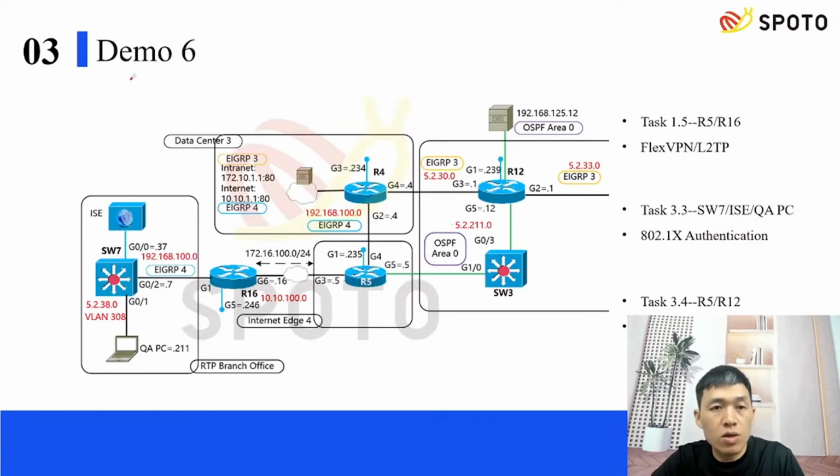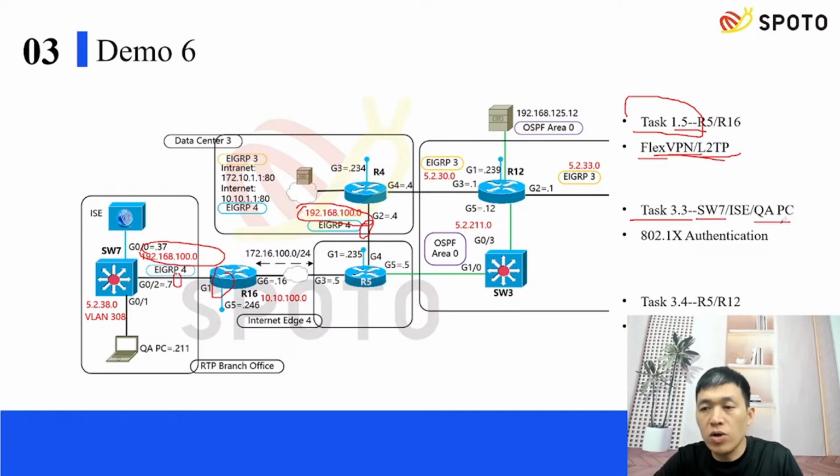And now let's look at demo 6. Demo 6 is for task 1.5, which is about FlexVPN using the L2TP protocol. Okay. To expand the networks behind router 16 and router 5, this next subnet. Okay. And task 3.3 should be configured on switch 7.